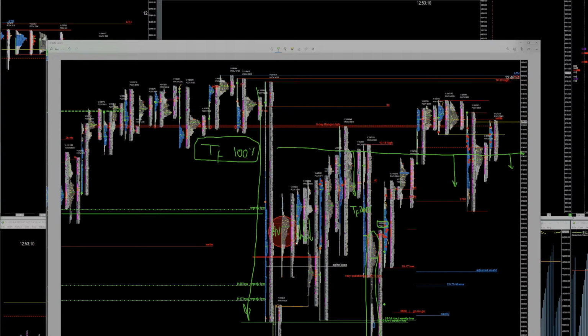When it tries to push through this area, it just can't. There's a push, like boom, boom, boom, boom, then it stops, right? Second time, boom, boom, boom, boom, stops, and then after that it moves higher. There's no acceptance below this area here. But that's when I start to observe this and what starts to happen afterward.